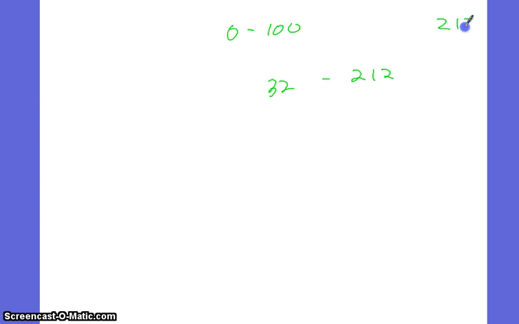And 212 minus 32 is, anybody? 180 degrees. So that means 180 degrees divided by 100 means there's an 18-degree difference. So every degree, you can kind of look at it as 1.8 degrees, but it doesn't quite work out that way.